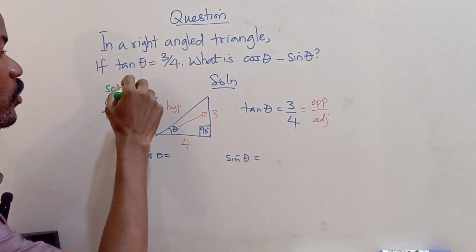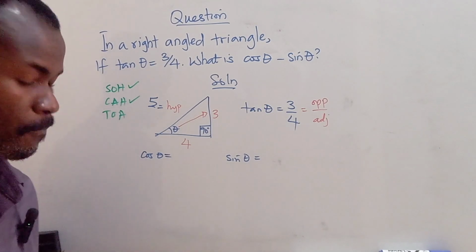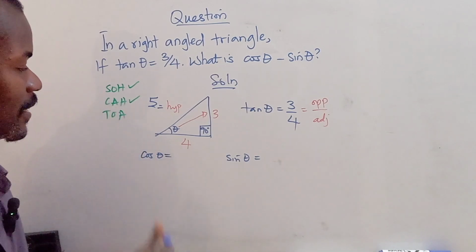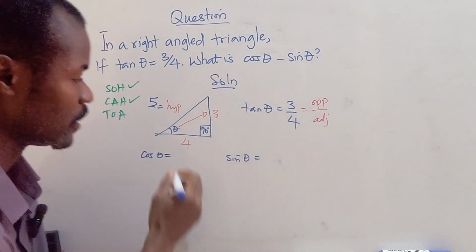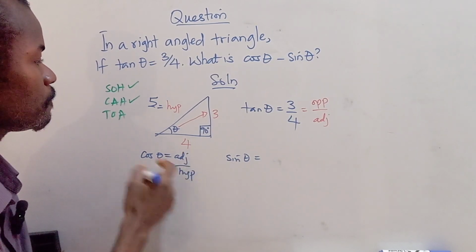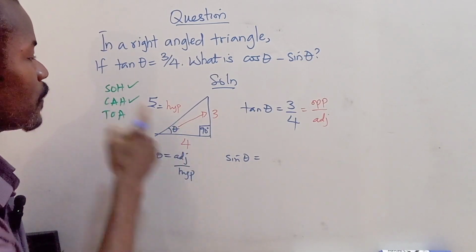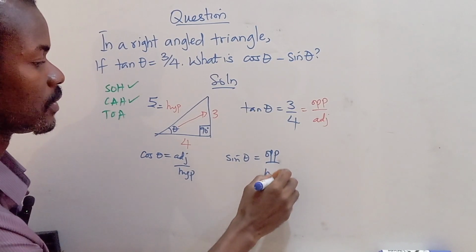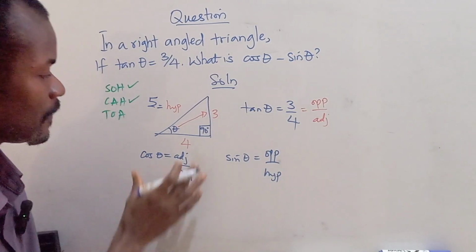But in this case, we are meant to use SOH and CAH. So for cos theta, we have the adjacent divided by the hypotenuse. For sin theta, we have the opposite divided by the hypotenuse. So let's see what this gives us.